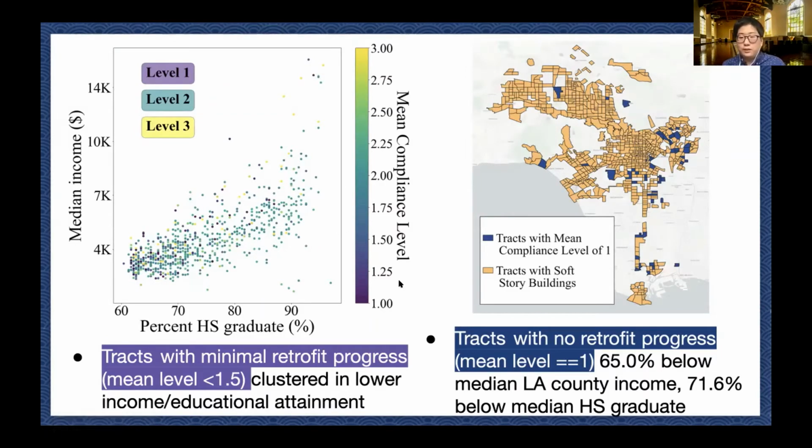The geographical distribution is also shown on the right, and the tracts with no retrofit having begun at all, which is a mean level of exactly 1, are highlighted in blue. And one thing worth noting is that 65% of these blue tracts had a median income lower than the LA County average.